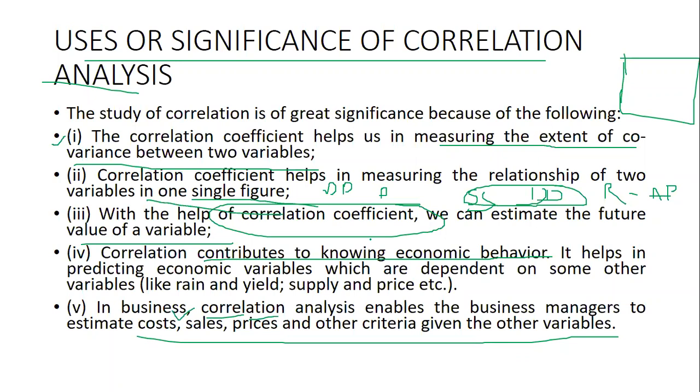So if we try to analyze the same thing in business, I'm not saying the pandemic will come over and over again, but there might be little ups and downs in the business. And if you are able to predict a little of it, then we can actually make our arrangements. So these are the uses. Any doubts in this slide?